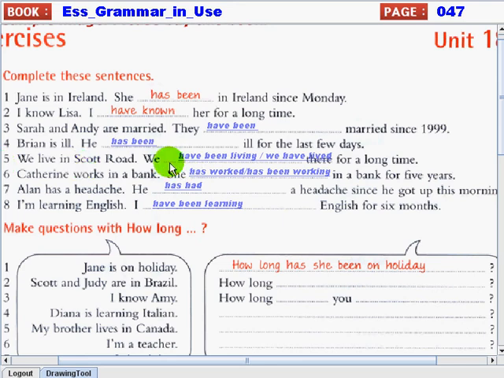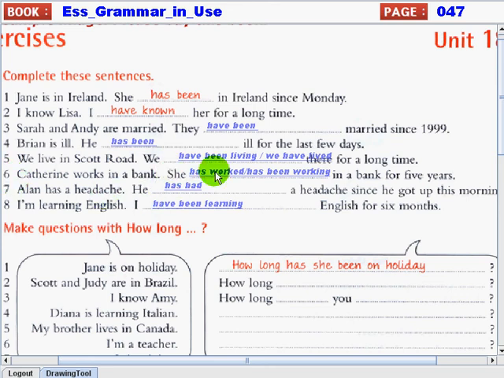We can say we have been living, or we can also say we have lived for a long time if you make it in present perfect form, or we have been living if it's in present perfect continuous form. Alright? Sixth, Catherine works in a bank.